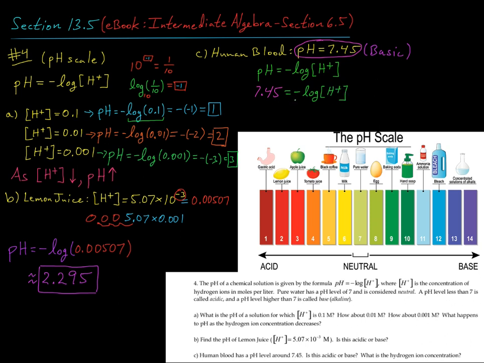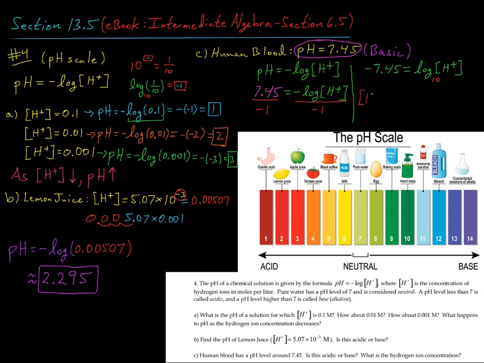Now go ahead and divide both sides by -1 just to get the log on its own. So we're looking at minus 7.45 is equal to the log of H+. Given that this is a base 10 logarithm, I can now do what? Well, 10 to this number right here will equal H+.